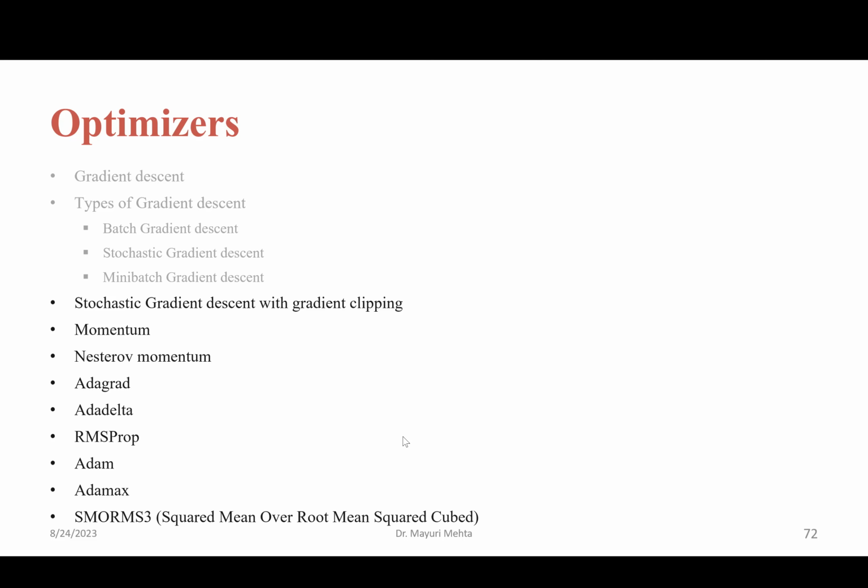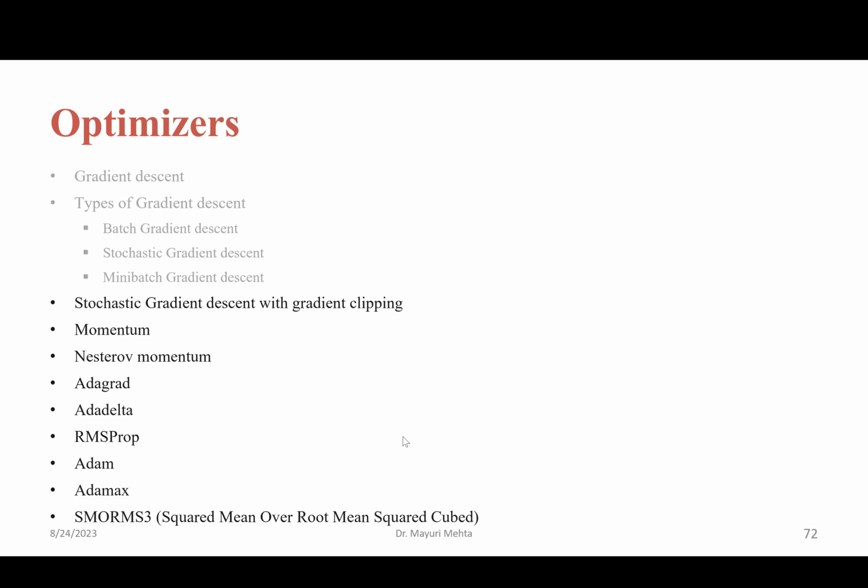Gradient clipping involves scaling down the gradients if their norm exceeds a predefined threshold. The threshold is defined in this method, and gradient clipping scales down the gradient if it reaches beyond that threshold.